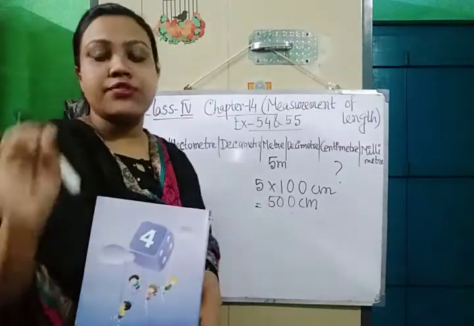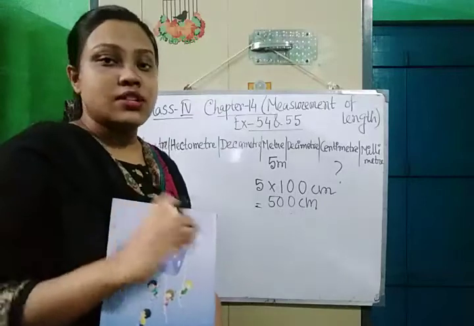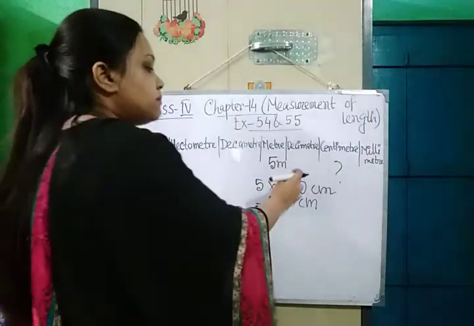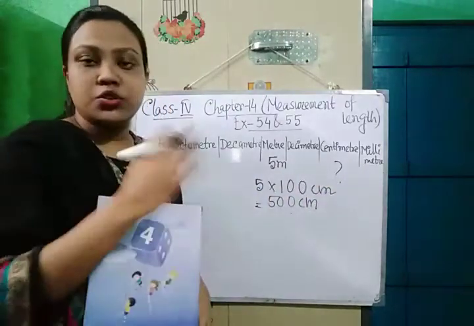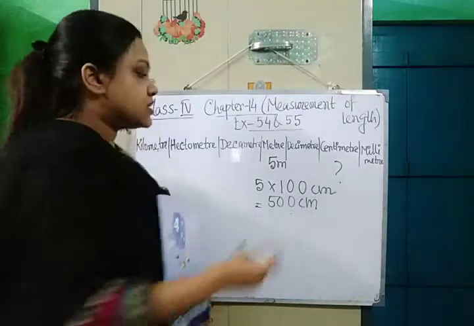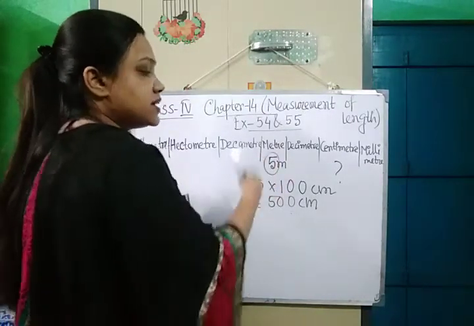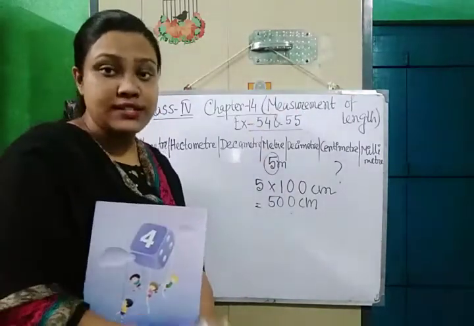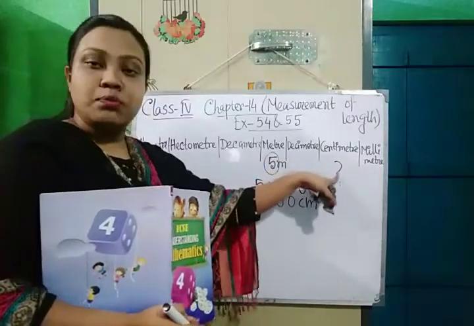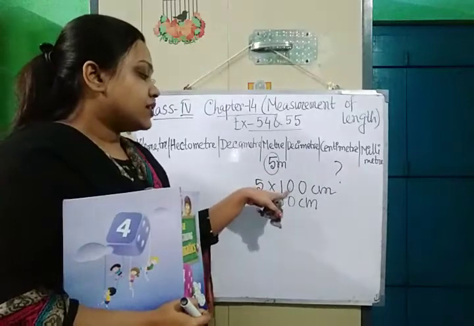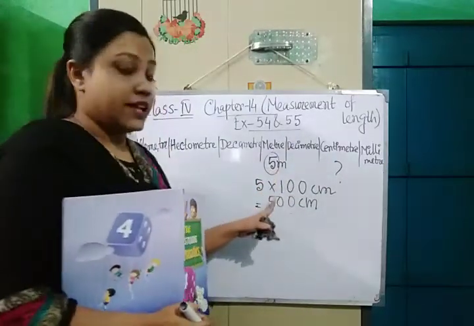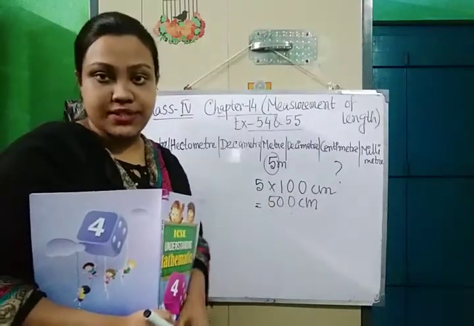Then after 1 we will put a certain number of zeros. How many zeros we will put after 1? How many places we are moving to the left or to the right, that many zeros we will put after 1. So since we are finding out 5 meter equals to how many centimeters, we are moving to the right 2 places. So it will be 1, then 2 zeros. And since we are moving to the right, we will multiply. So it will be 500 centimeter.